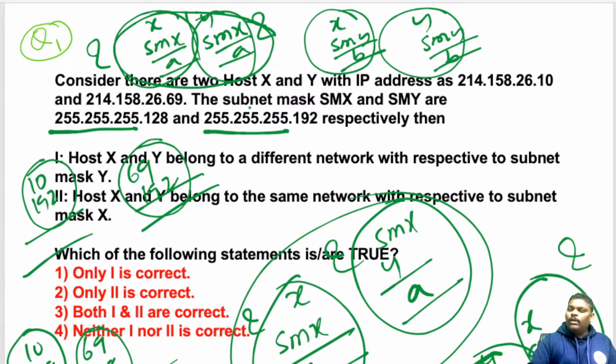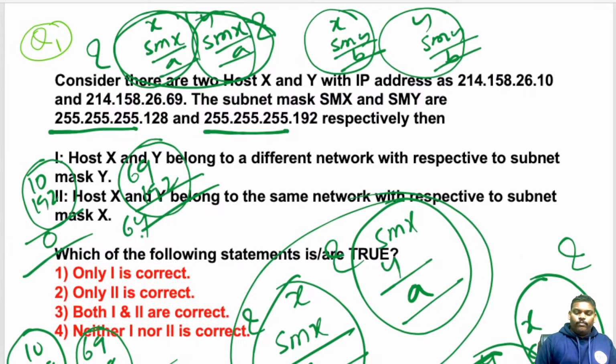10 with 192. 192 means 128 plus 64. 10 means the right part is 1010. 192 means the left side is 11, and 0 will come. 69 is 64 plus 5. 192 is 128 plus 64, so I think 64. So with respect to SMX, are both on the same network?